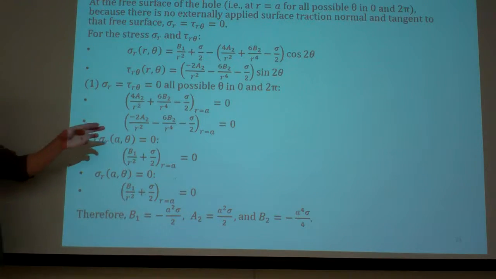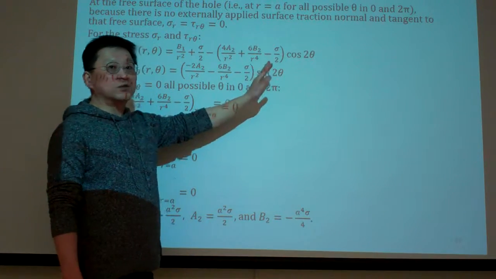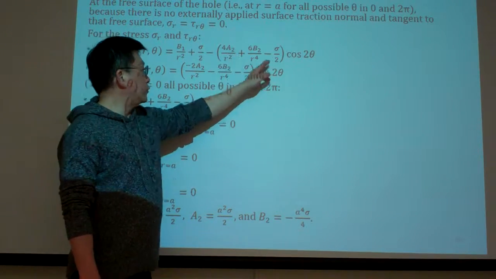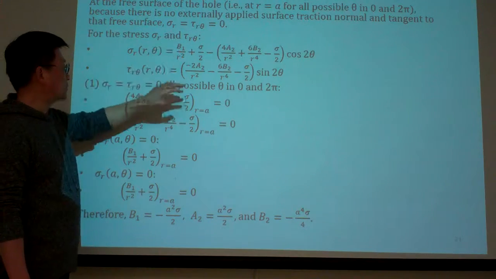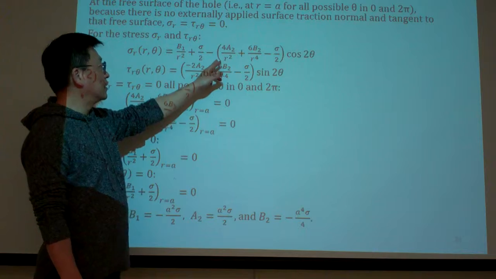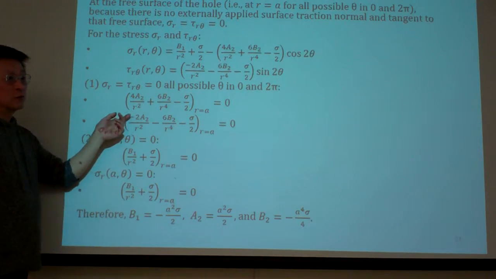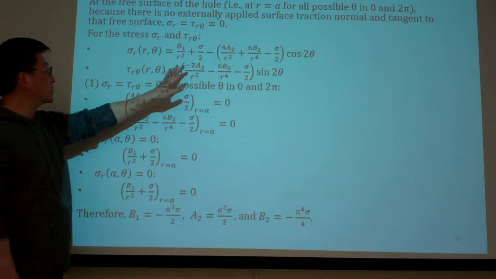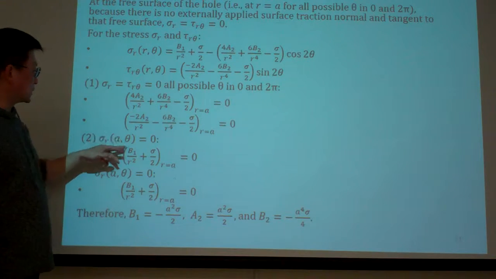For the terms associated with theta, for all possible theta values, the terms must be 0. So the whole thing must satisfy this. We can simply set the coefficients associated with theta equal to 0, so the stress will be equal to this term only.